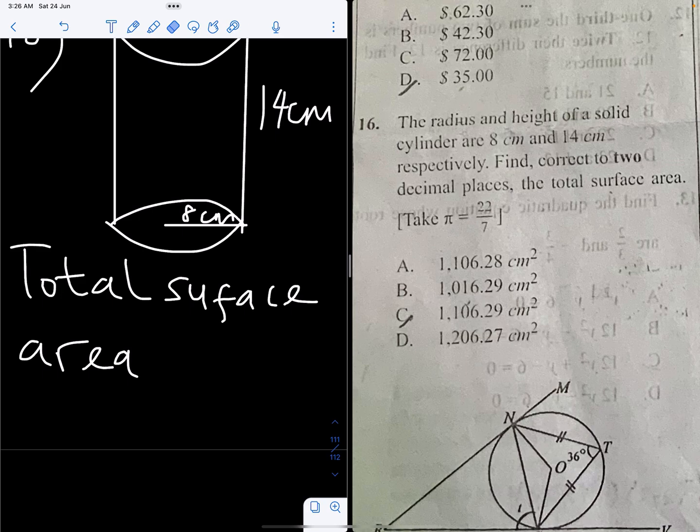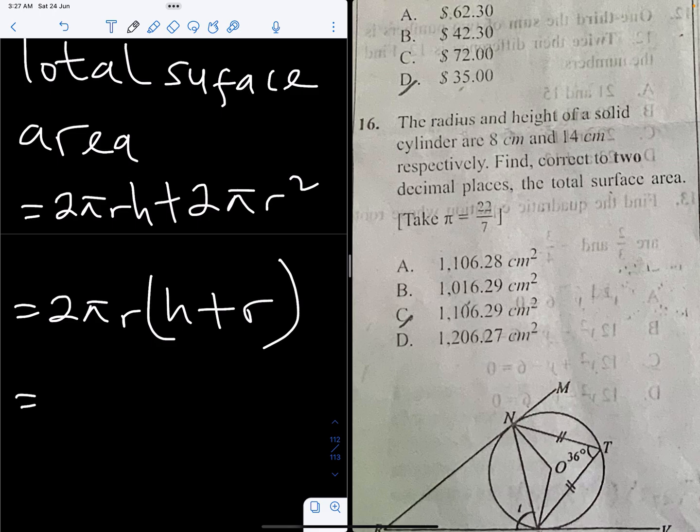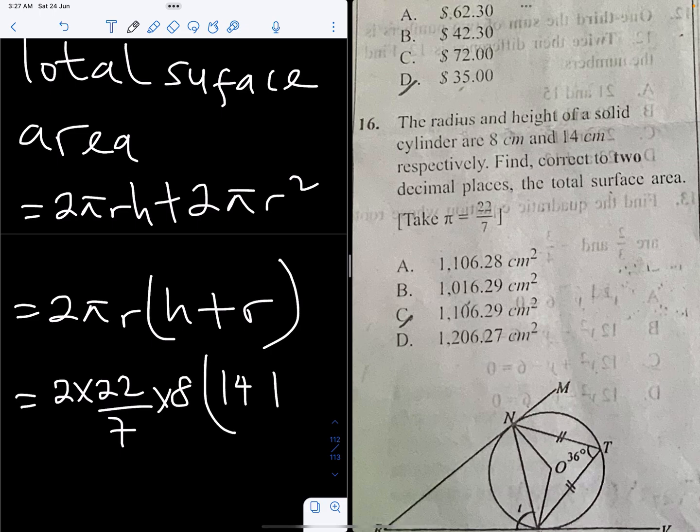You can write that as 2 pi r into h plus r, or if you like, r plus h. Pi is 22 over 7, so that's 2 times 22 over 7 times the radius 8, into the bracket height 14 plus 8.